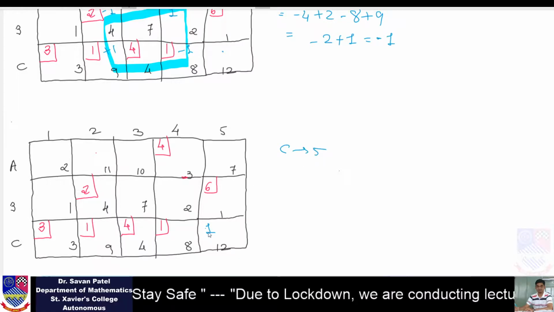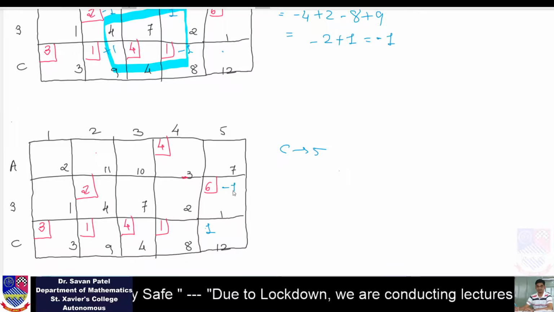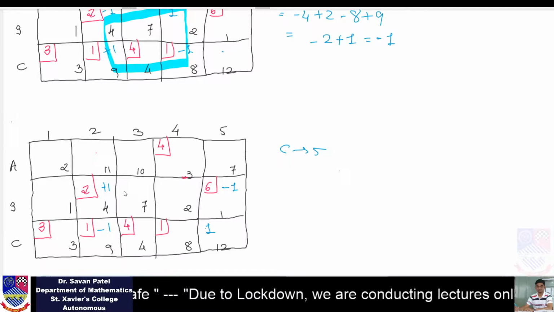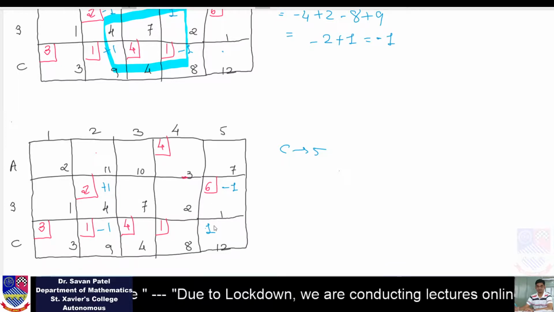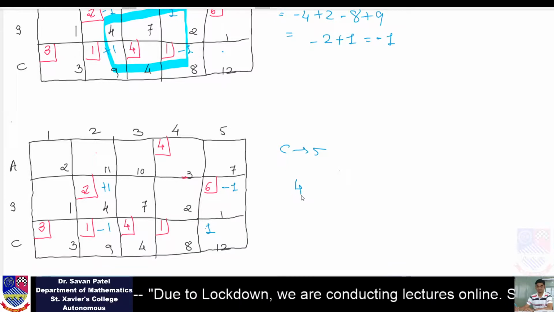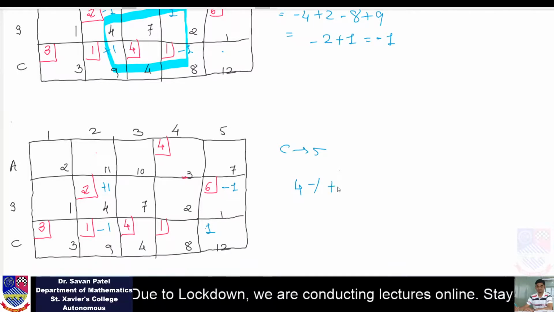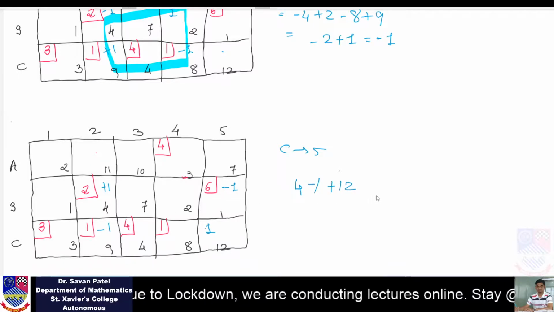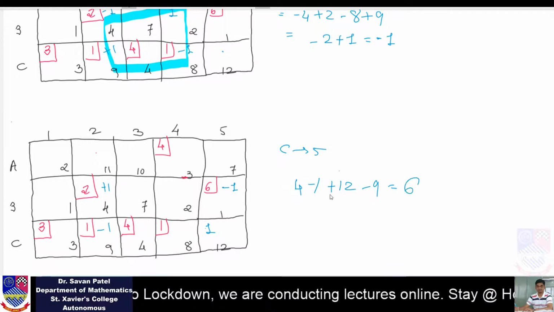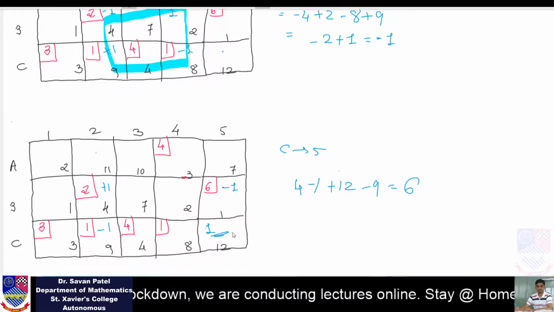Here it is plus 1, so I have to subtract 1 here, add 1 here, and subtract 1 here to get the balance. The additional cost is 1 times 4, so 4, minus 1 times 1, so minus 1, 1 times 12, so plus 12, and minus 1 times 9, so minus 9. That is 6. Here also we get extra transportation cost, so we are not transporting from here.